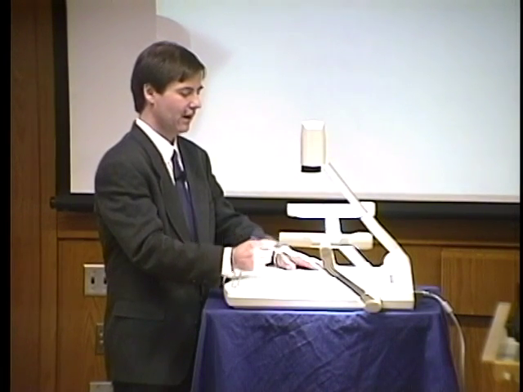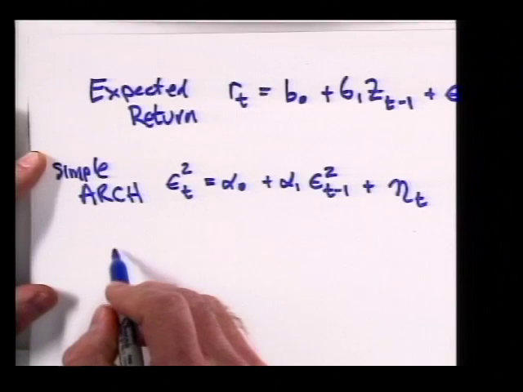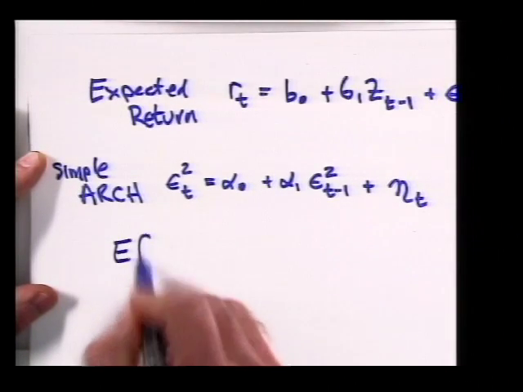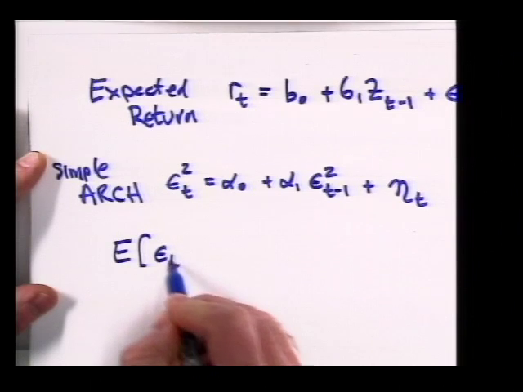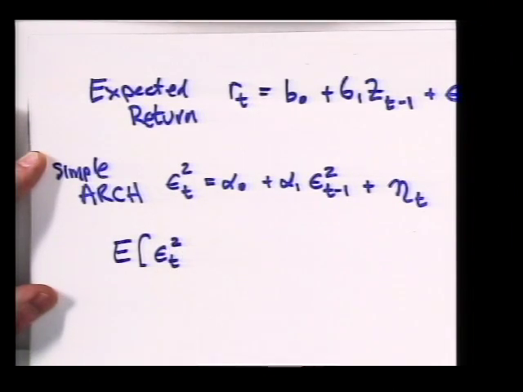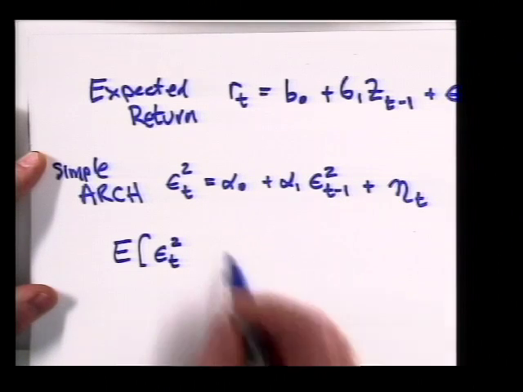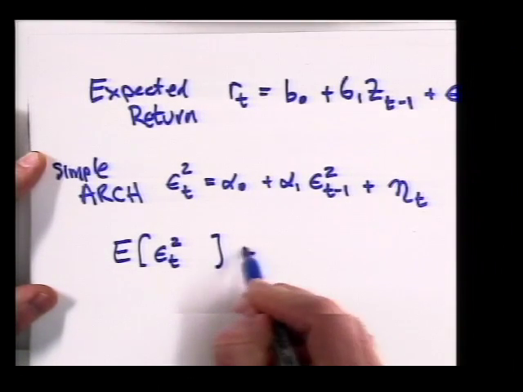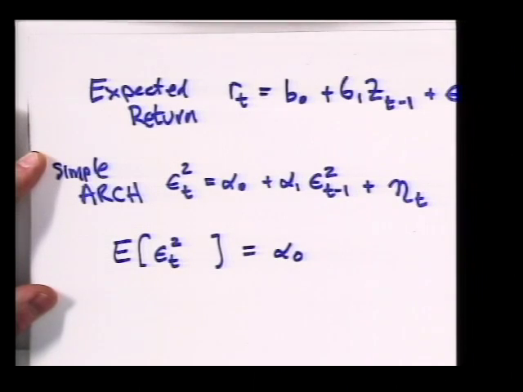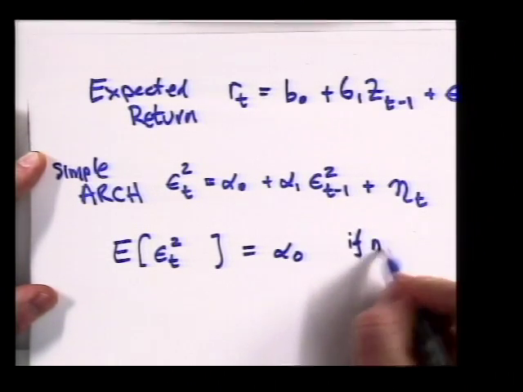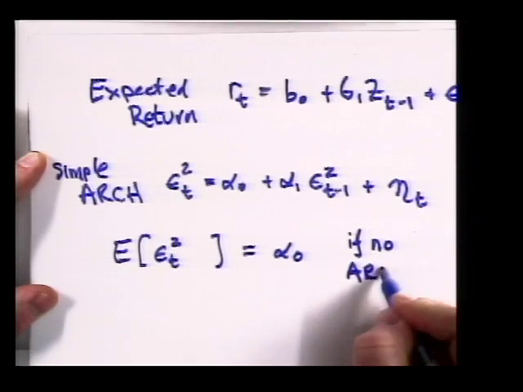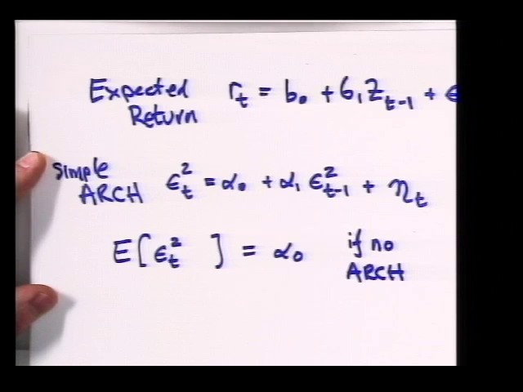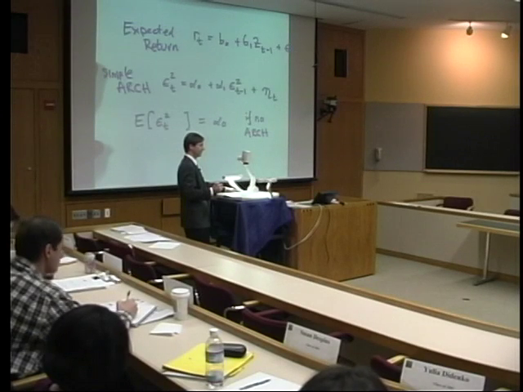So effectively, what we get here is the expectation, which is the same as the forecast, of this thing squared is just going to equal alpha 0 if no predictability. If no ARCH. This is like what's known as the mean squared error in a regression.